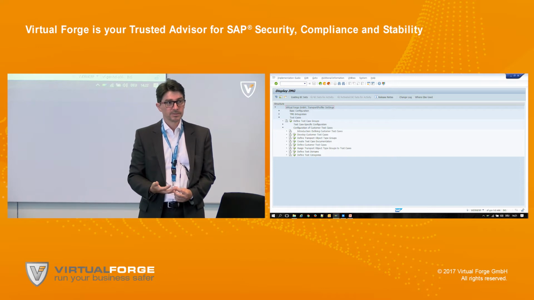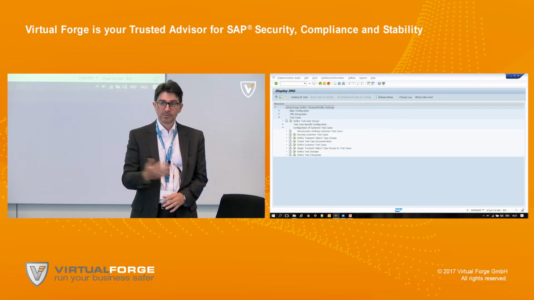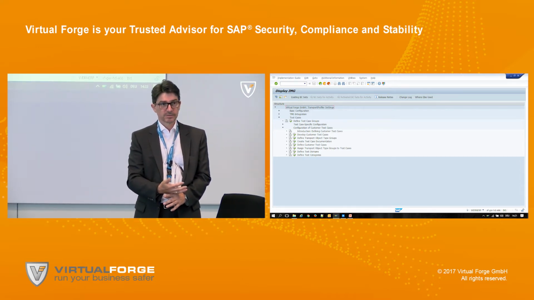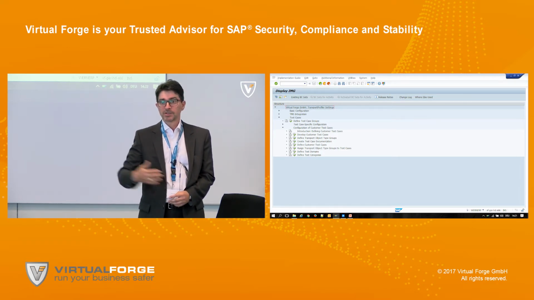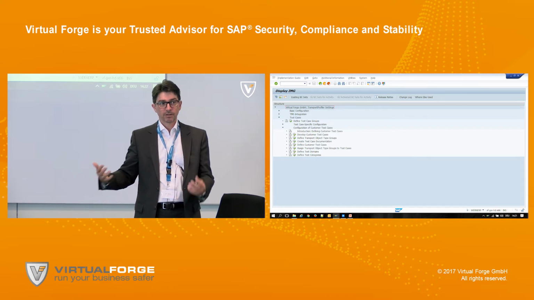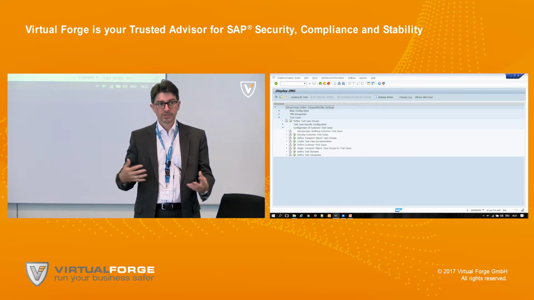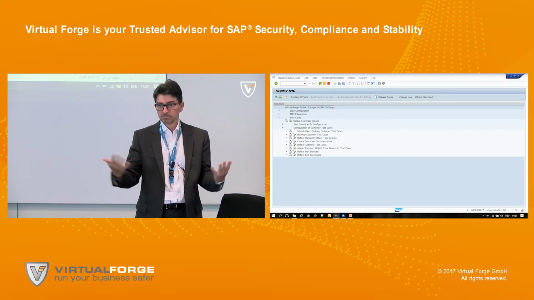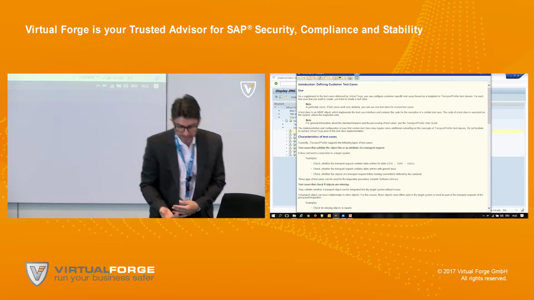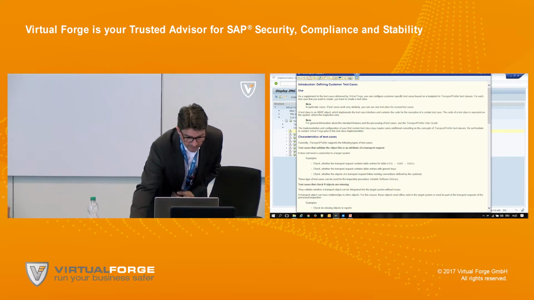And this information you can extract, as I said, from a transport request, independent of whether it's an open request or a closed or released request, or from the target system. That way you have all information available to do all your checks, to compare the information and provide the user the result. So let's have a look.